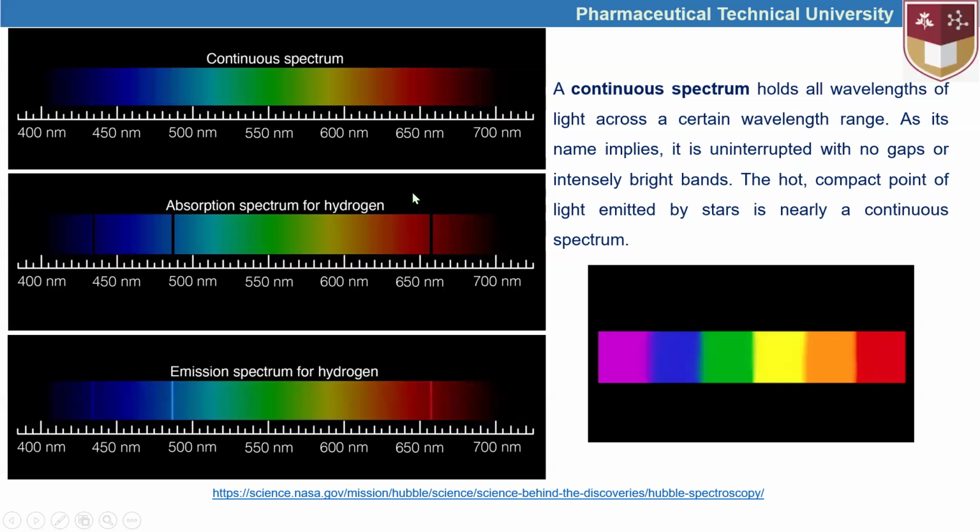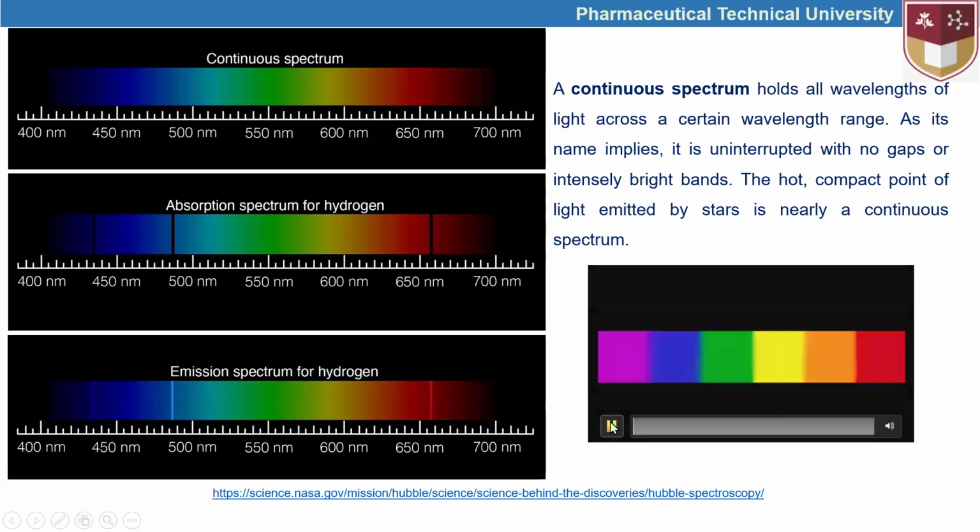So based on studying the continuous spectrum of sunlight, we can find out about the presence of hydrogen and helium in the sun. And here we can see how the emission spectrum or the absorption spectrum can be identified, studied, and analyzed for quantification.